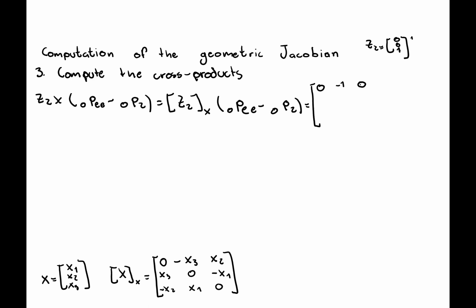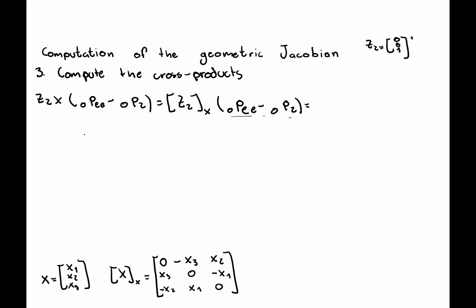So this is 0, 1, 0, 0, 0, 0, 0 times this difference here, which turns out to be d3 plus a2. I'm running out of space, so I'm going to put it below.